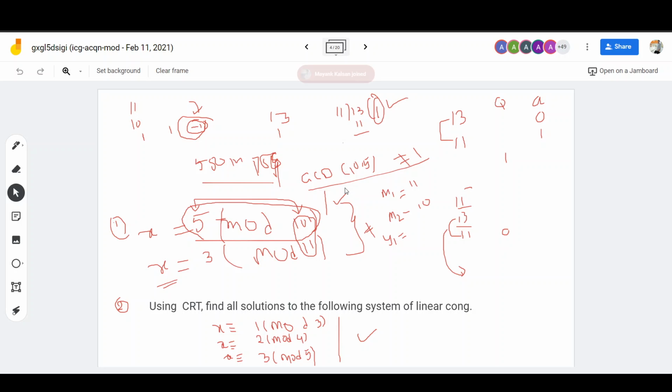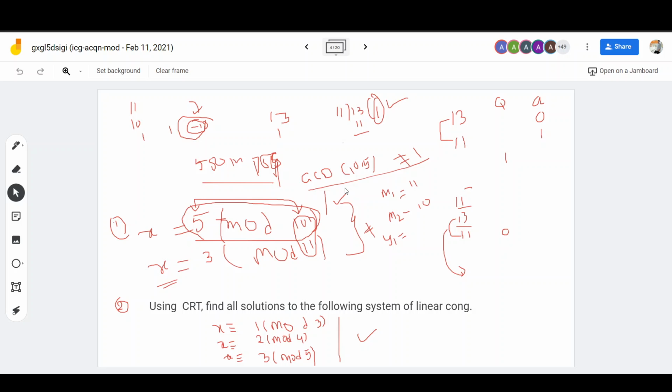Step A is to compute small n equal to PQ. Simple step. You have two prime numbers, multiply those two, then you will get n. Then step B, what you need to do?